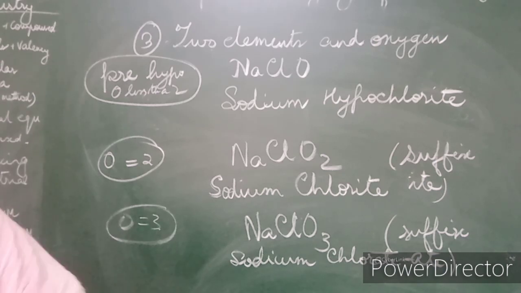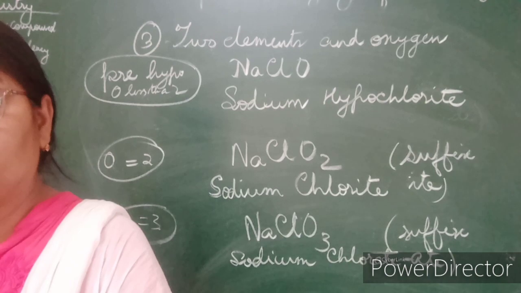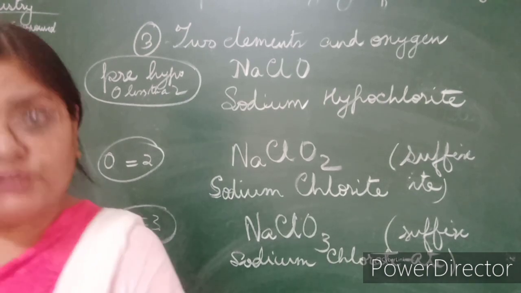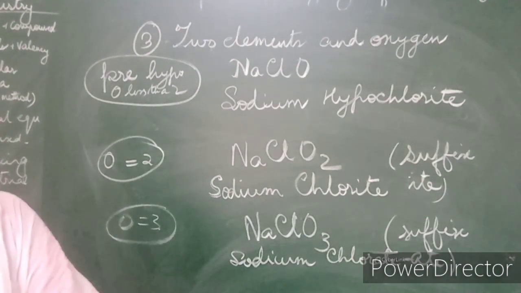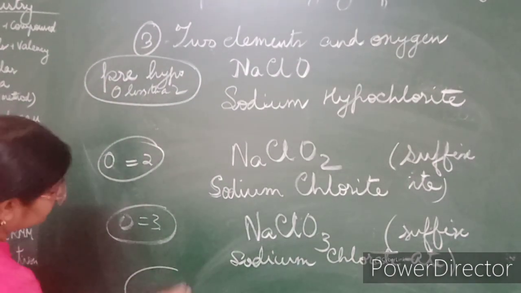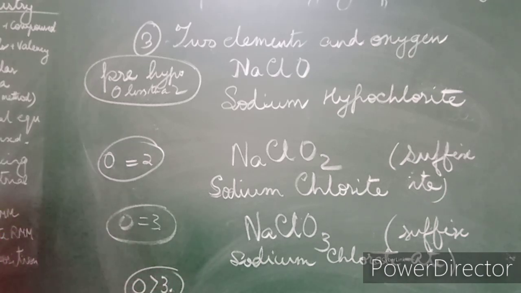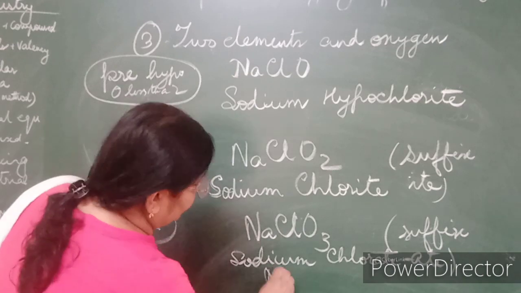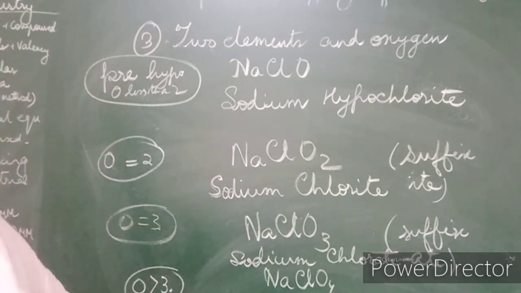Now next, if the number of oxygen atoms is more than 3, how do we name it? Then the prefix per is used. Here oxygen is more than 3. For example, NaClO4.